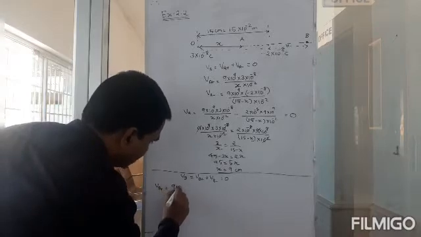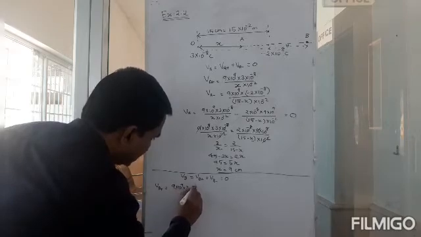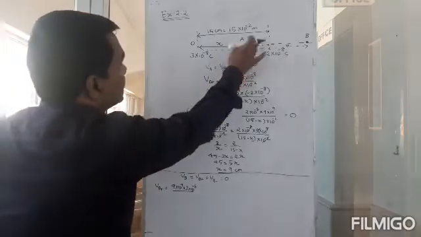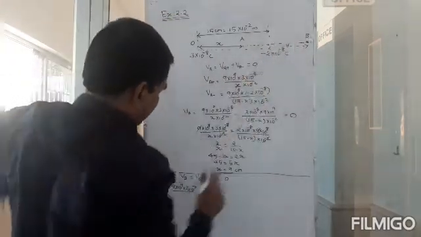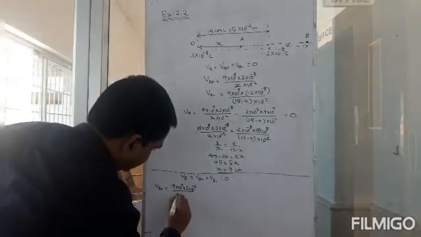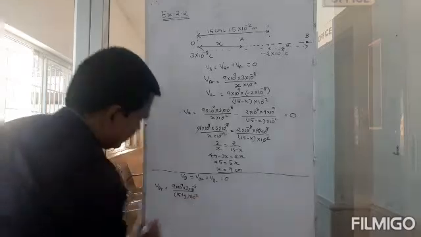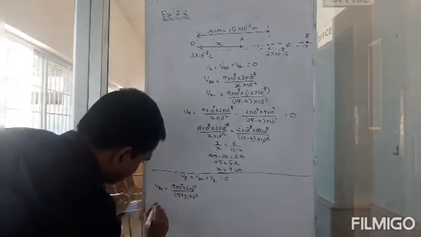I'll do it here. So VB plus is going to be 9 into 10 power 9 into 3 into 10 power minus 8 by 15 centimeters plus y, 15 plus y into 10 power minus 2. Okay, and then what is VB minus?